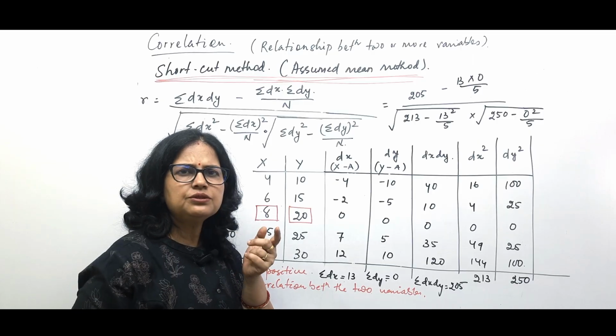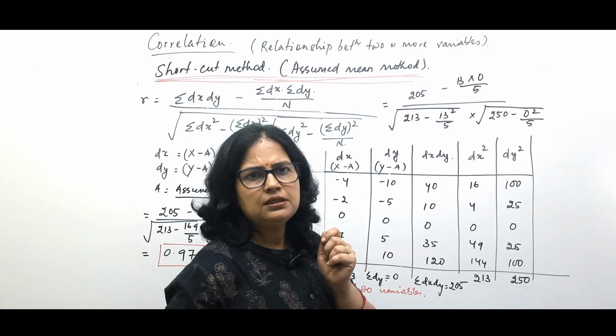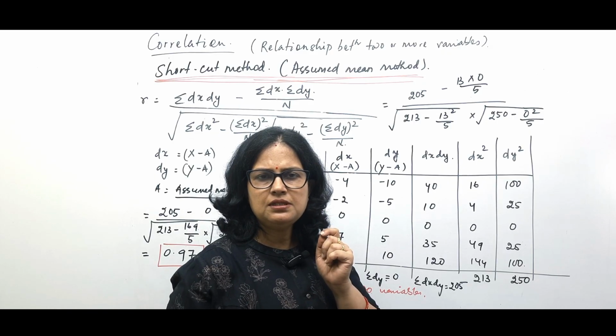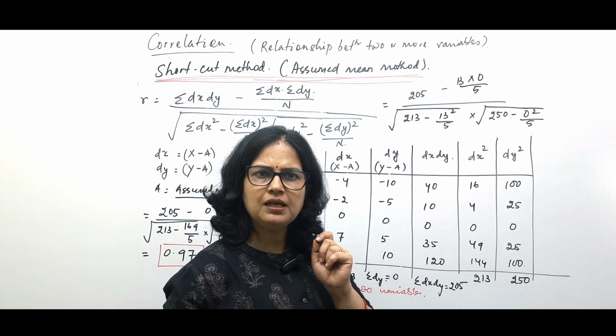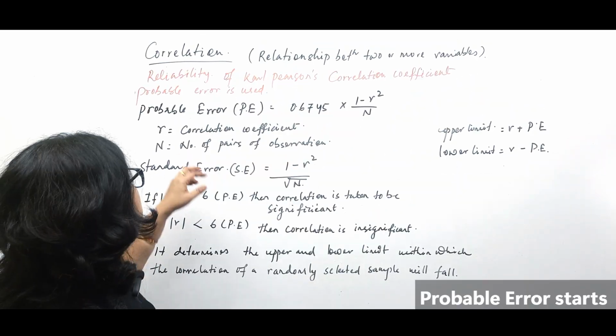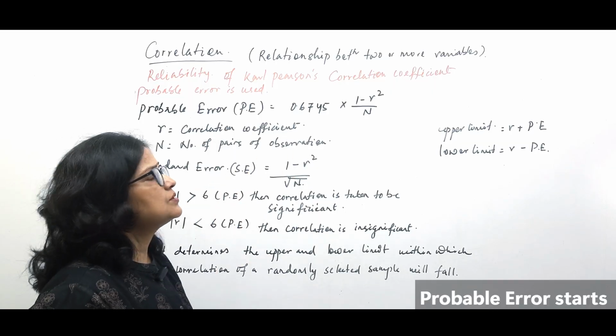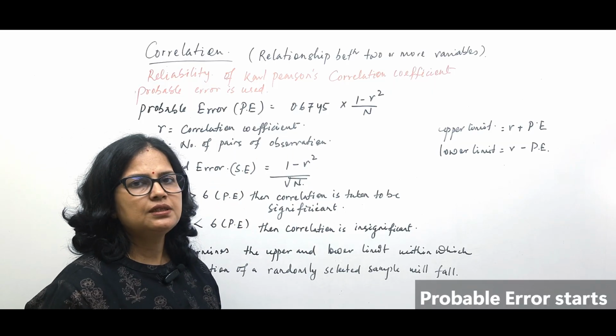Let us see how we are going to calculate the probable error by applying Karl Pearson's method. Let us discuss how we can find the reliability of Karl Pearson's correlation coefficient.